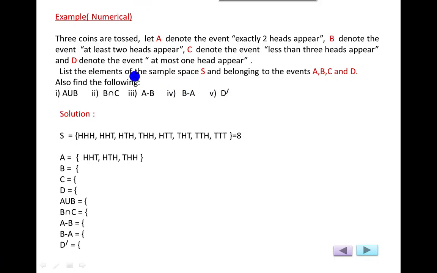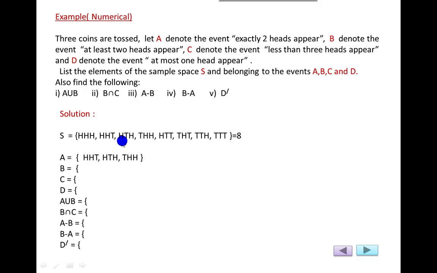So first we will draw all the possible outcomes. 3 coins are tossed, in all 3 may be head, or with 2 heads, in first, second head, maybe tail in third. Change the position of tail: first head, second tail, third head. Now change the position of tail to the first position: tail, head, head.